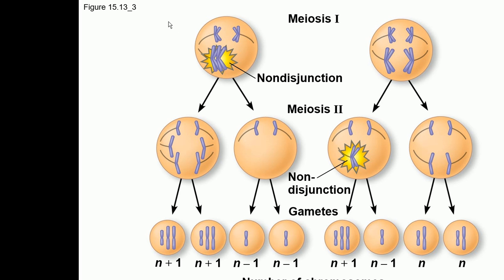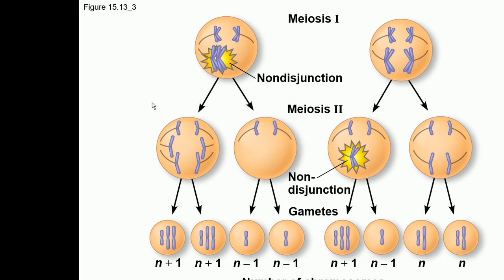So what we are talking about is the process of non-disjunction. Non-disjunction means the unequal distribution of the chromosomes. If the non-disjunction takes place during meiosis 1, it will not let the chromosomes separate equally. One cell will have, and remember that in meiosis 1 the chromosomes are duplicated, 3 duplicated chromosomes.